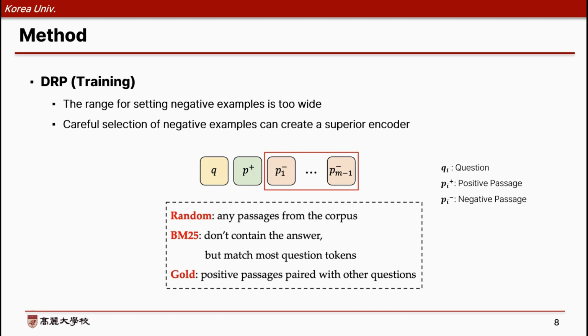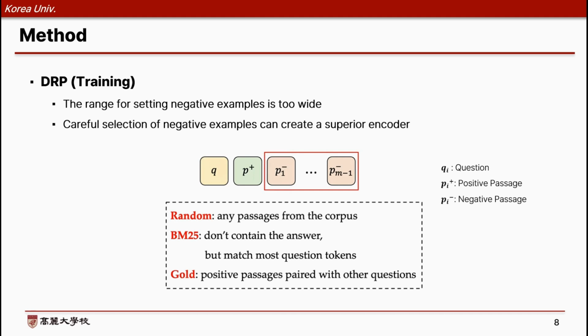to choose. First, random is to randomly extract a passage from the corpus, and the second, because BM25 is a negative sample, it does not include a correct answer, but it means a passage where the tokens corresponding to the question overlap the most.